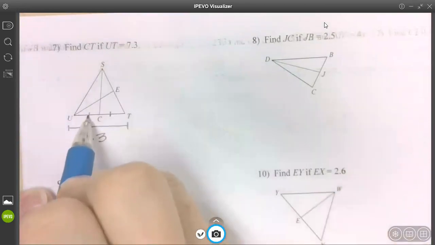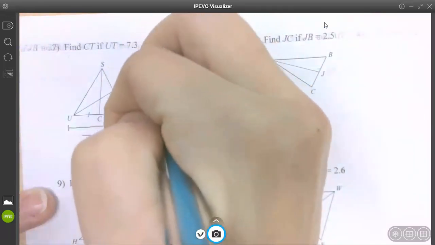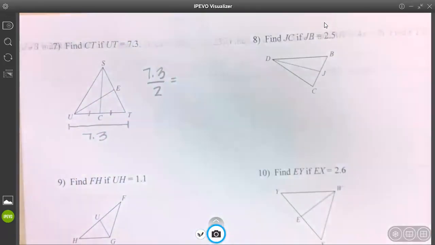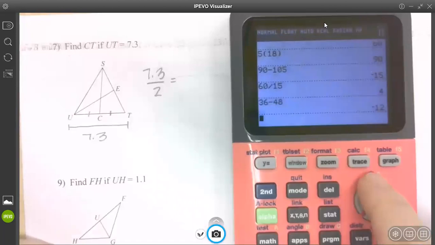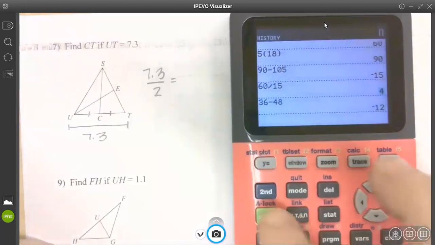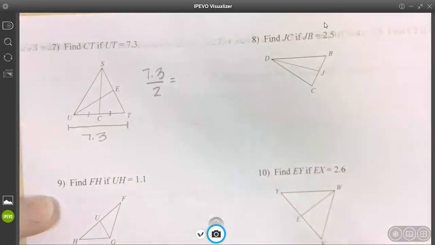Remember that it splits it in half. So that's what we're going to do, 7.3 divided by 2. You guys can do this in your calculator. I'm going to try to put mine under here so you can see it. 7.3 divided by 2 gives us 3.65. And it's okay to get a decimal.